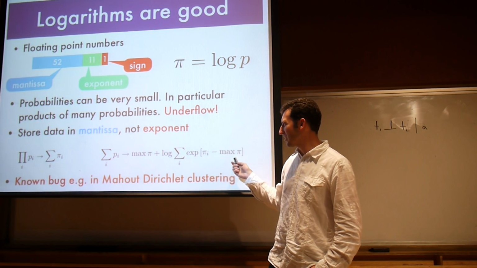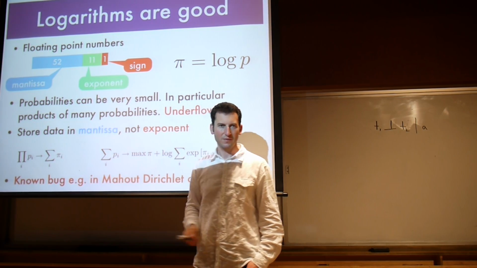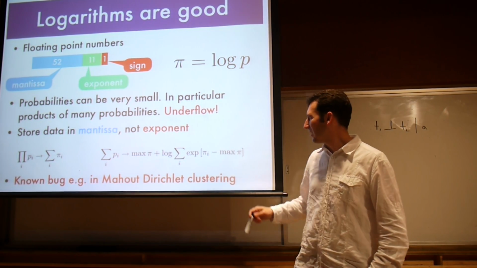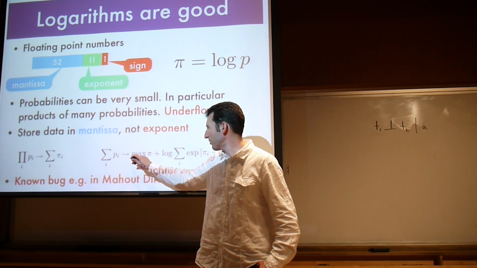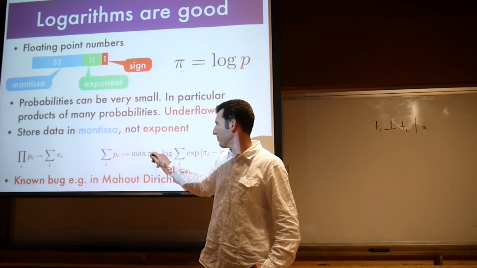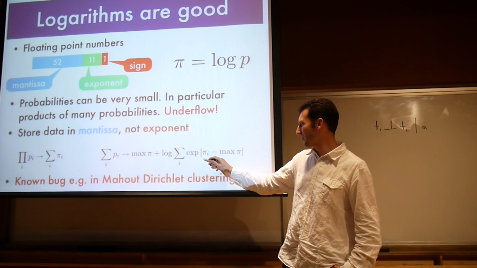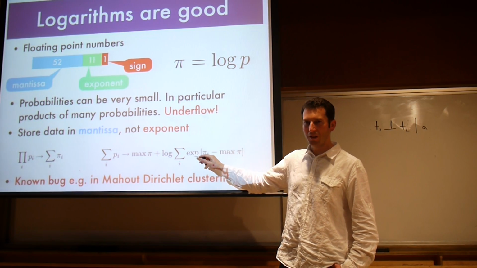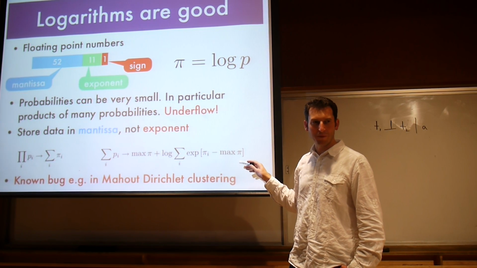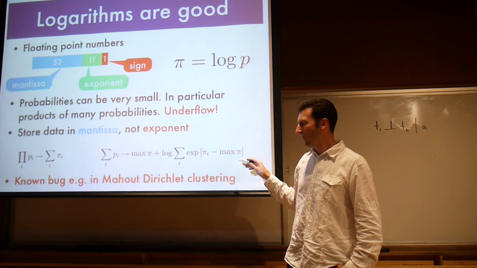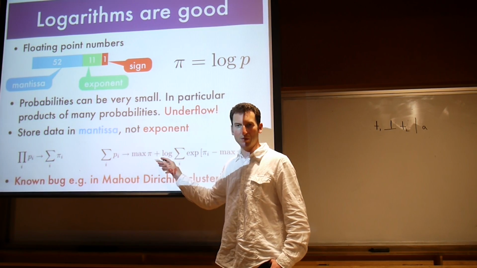And you can convince yourself that this will give you the log of this expression. And the good thing is that now I don't get numerical over or underflow. The scale is automatically right by looking at the largest of those terms. And then everything in here is going to be negative, because I'm subtracting the maximum from it. So e to something negative is going to be less than 1, and summing over this is going to be fairly well behaved. If I get some numerical underflows here, well, that's not a big drama because I've already pulled out the leading term.